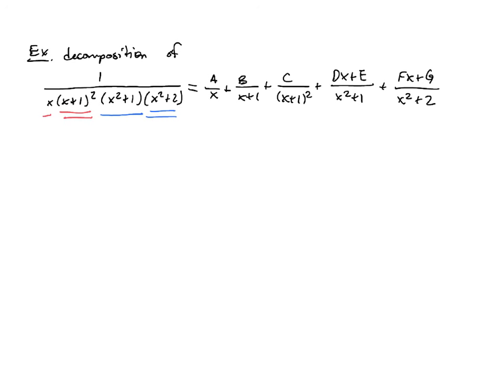And if you were asked to find those constants, you would then clear the denominators and do the thing that we talked about before. When you have that many constants to solve for, it gets to be a real pain. So we're going to do a simpler example where we actually compute the integral.